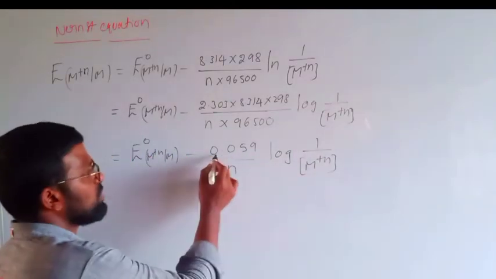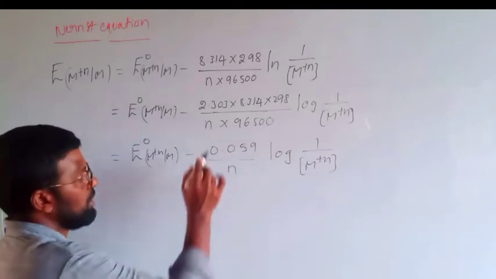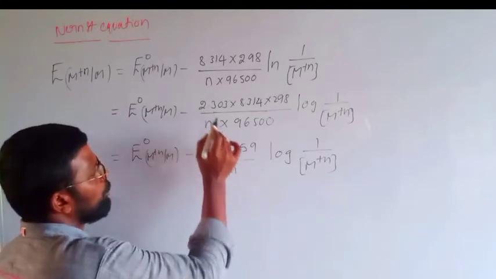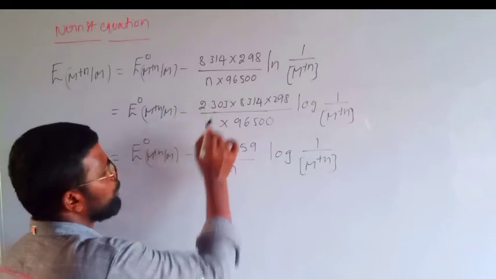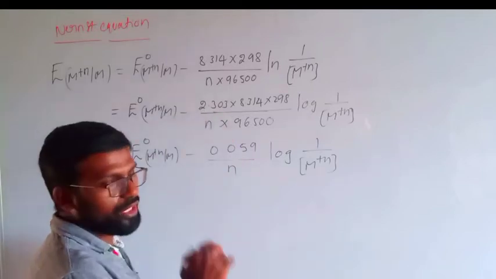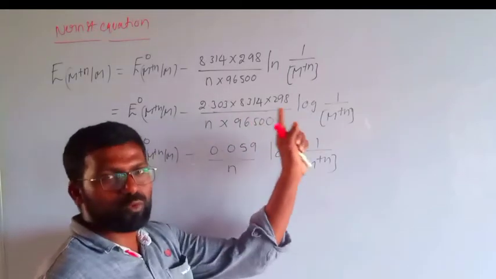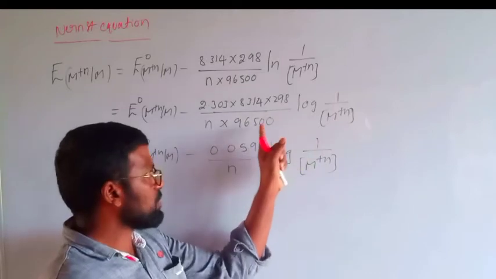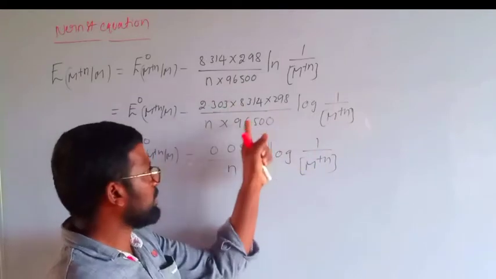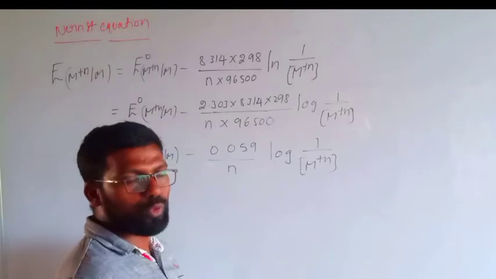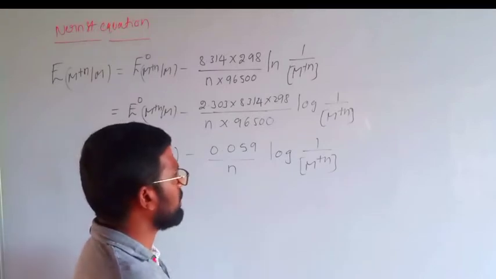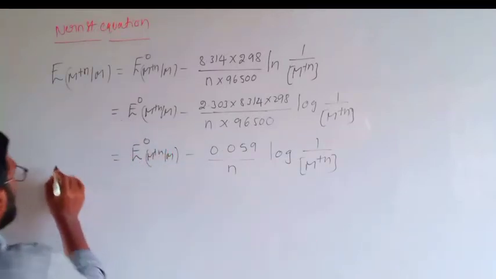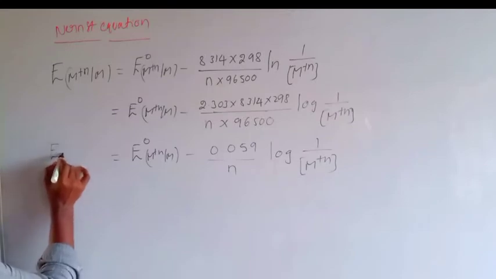This 0.059 is nothing but the modified value of 2.303 into 8.314 into 298 by 96,500. If we simplify this, finally we get approximately 0.059. Right, this is the final modified form of the Nernst equation.